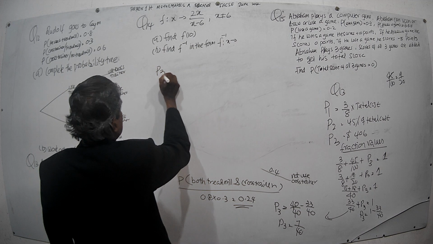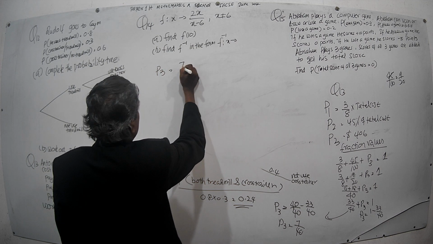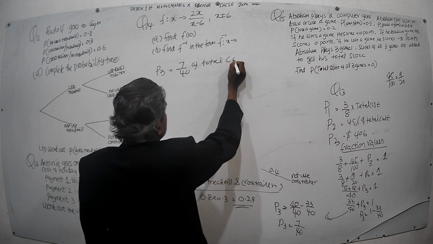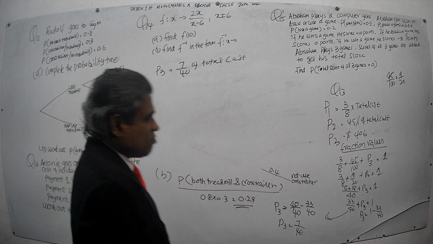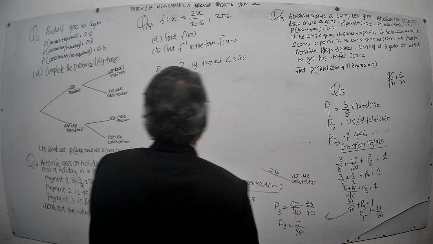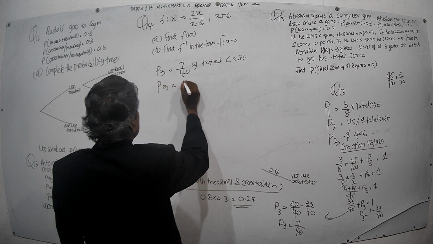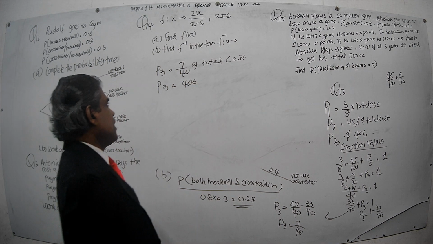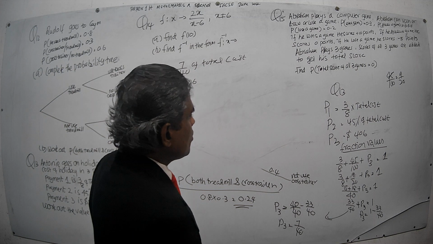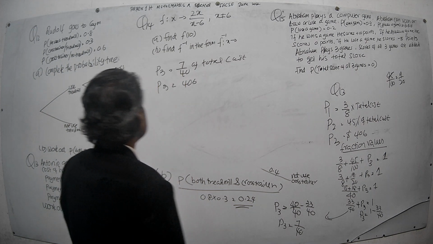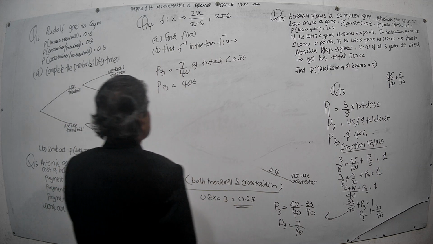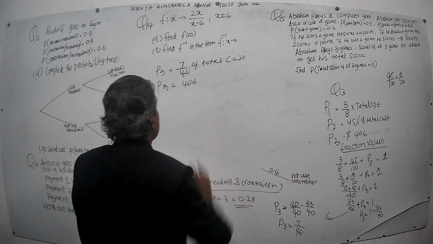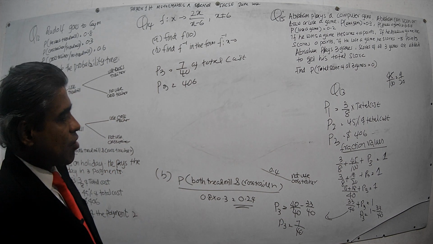This P3 equals how much? 7 over 40 of the total cost. Then we know P3 equals 406. P3 equals the actual value, we know, 406. Then the easiest way is this. If the total cost is 40, then 7 is 406. Then we can find the total cost of that.